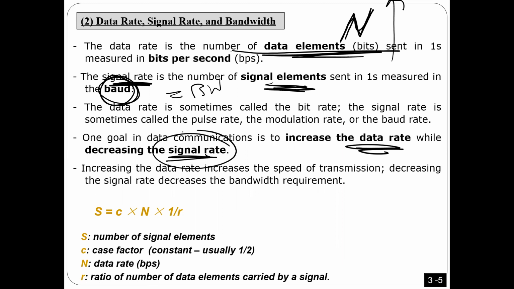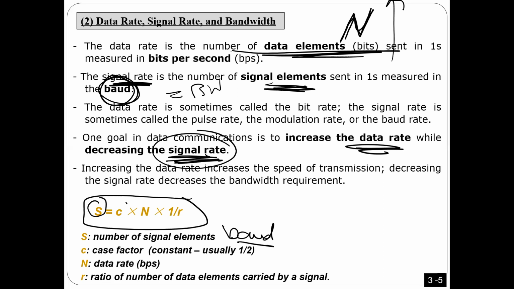There is a formula for the signal rate. Signal rate is like bandwidth. Again, I told you we measure it in baud, and this one can tell you how many signal elements you need, how many cars you need.